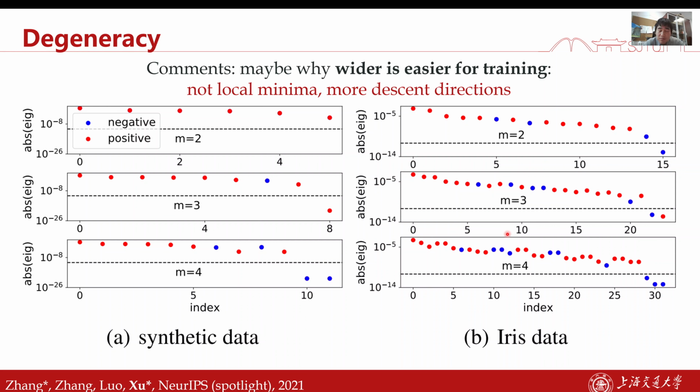So we may comment in this way: maybe this is the reason why we observe that a wider network is easier for training. Because it's not a local minimum anymore, it has more descent directions.